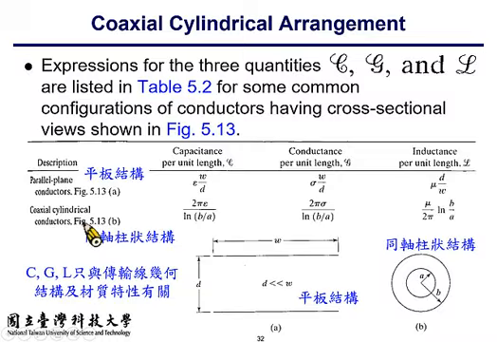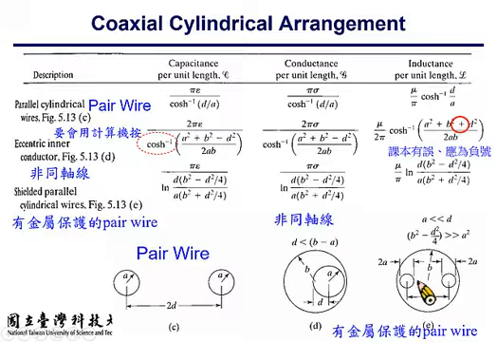Similar to the result we have already seen for the cylindrical structure. The coaxial cylindrical structure is listed in the second row, with its capacitance, conductance, and inductance. The same relationships can be found for capacitance and inductance, as well as for capacitance over conductance.